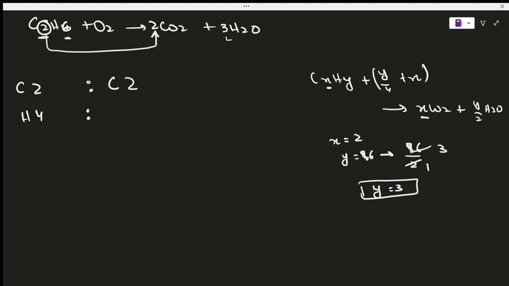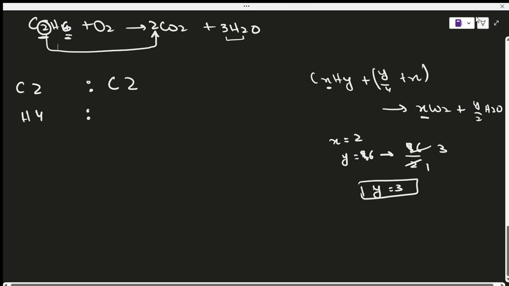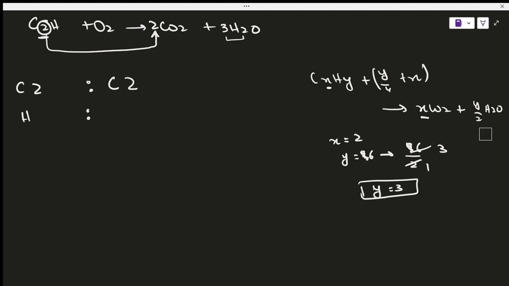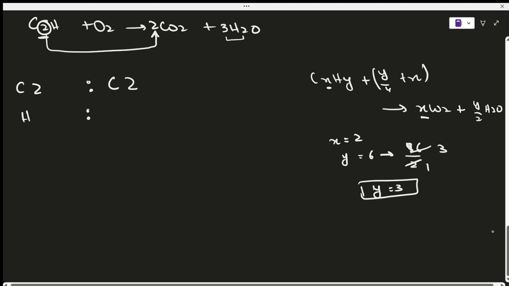Now how many hydrogens do you have? You have 6 hydrogens here and you have 6 hydrogens here. So 6 and 6, okay, so this is now balanced.